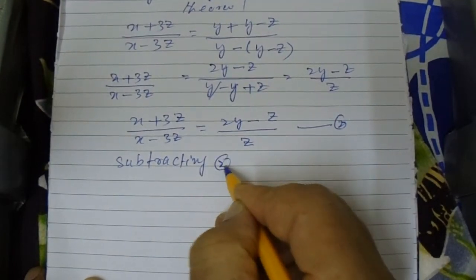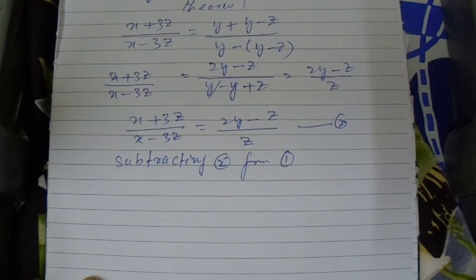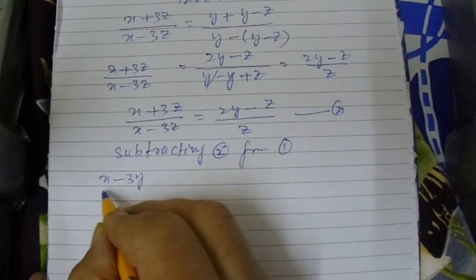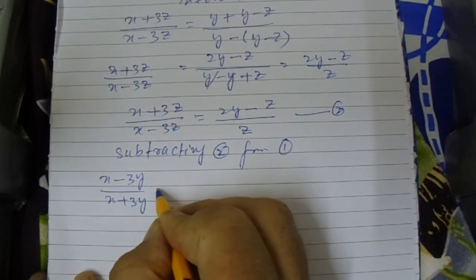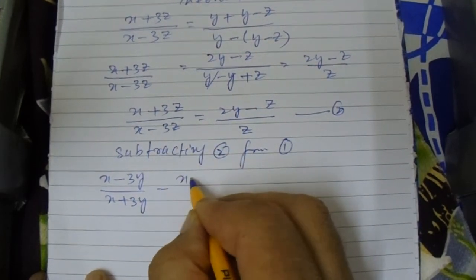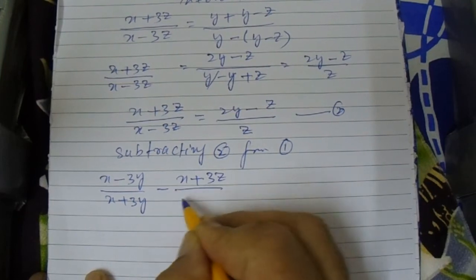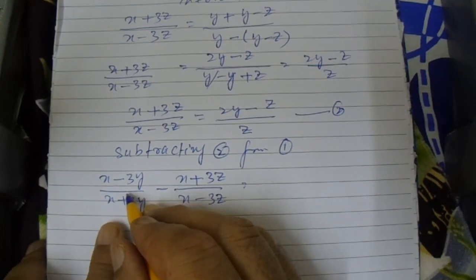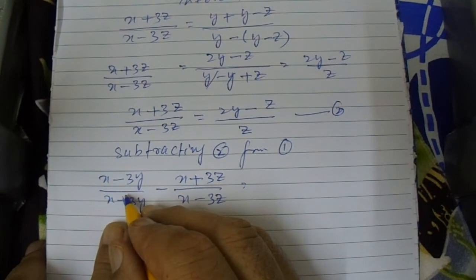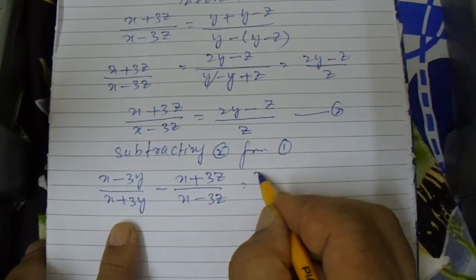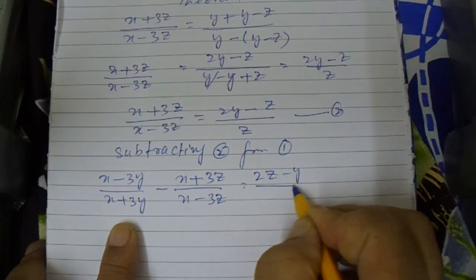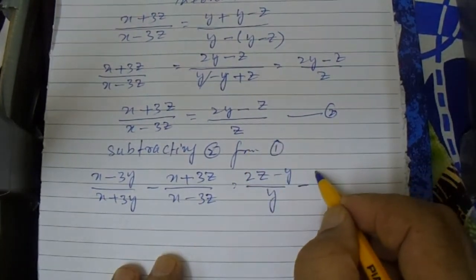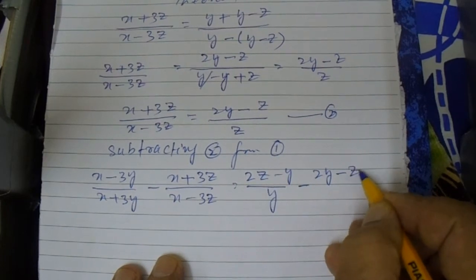Now write 1 again, x minus 3y over x plus 3y, minus x plus 3z over x minus 3z, with the result of this, is equal to 2z minus y over y, and also minus 2y minus z over z.